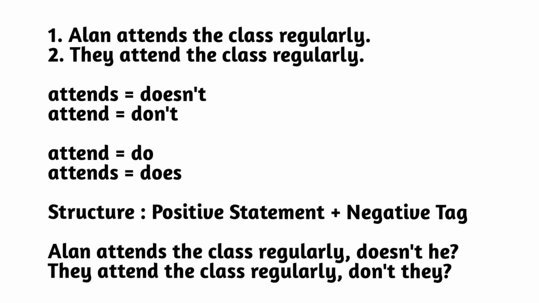Number 1, attends is converted to doesn't. Number 2, Alan, the subject, is converted to he. In the second sentence, you can see attend is converted to don't. The subject they stays they.